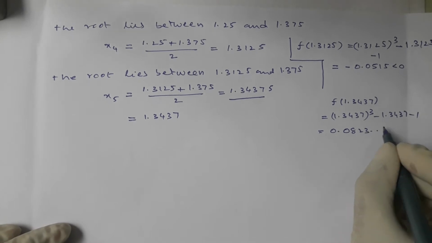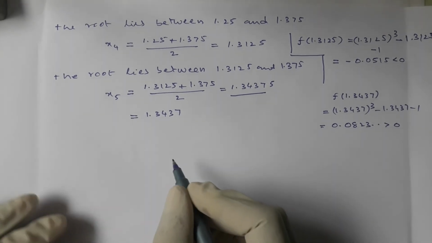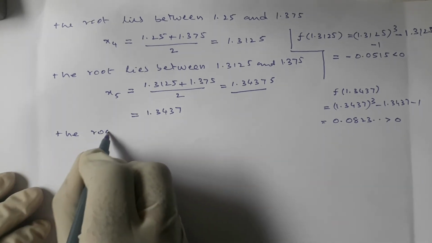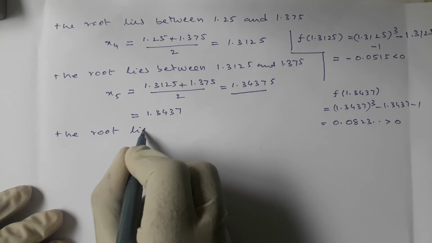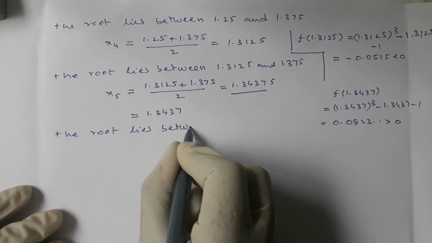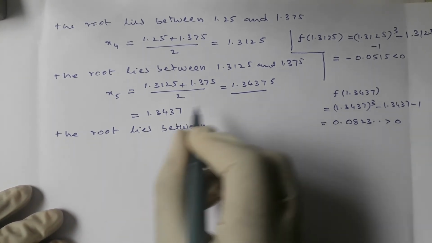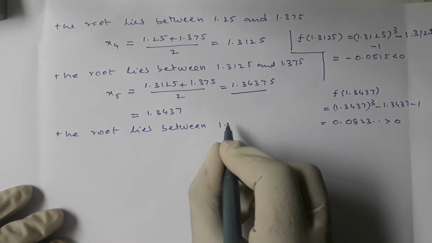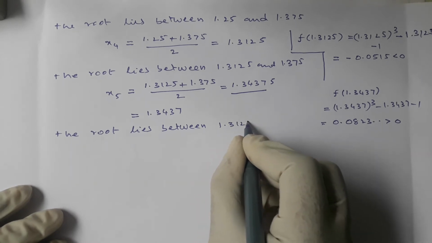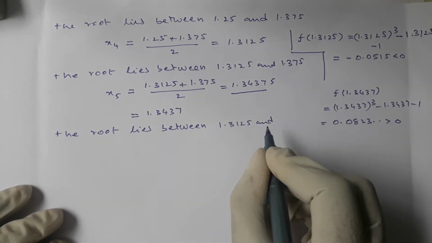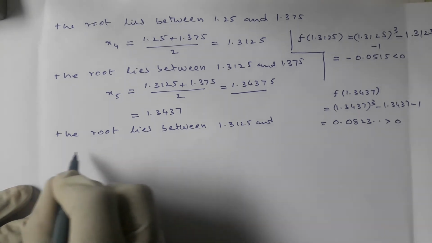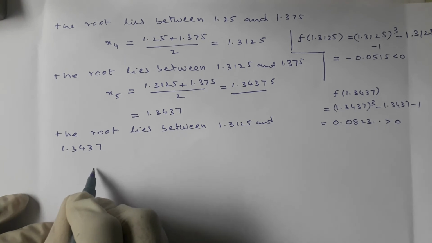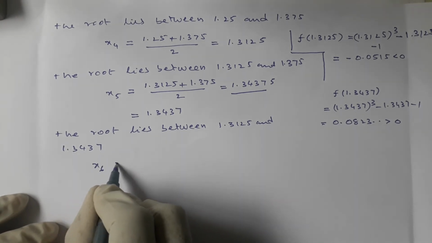It is greater than 0. So whenever it is greater than 0, the root lies between 1.3125 and 1.3437, as this value goes to the middle and it goes to the left side as it is positive.